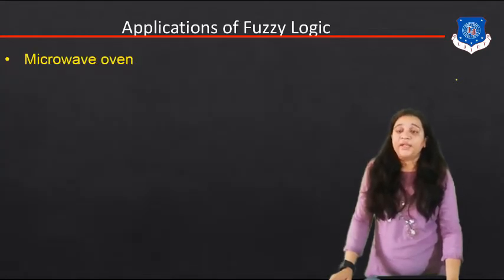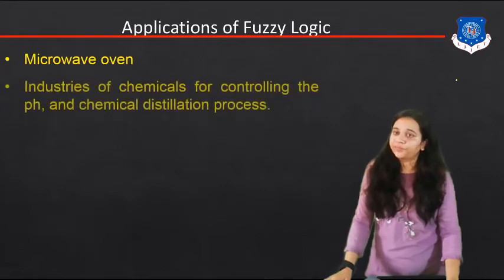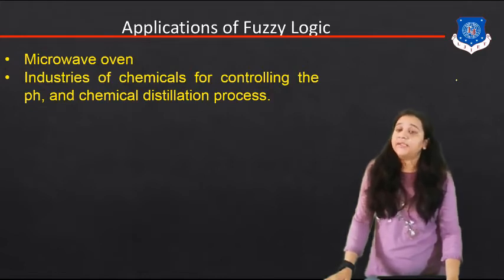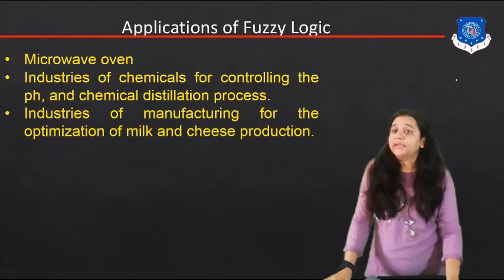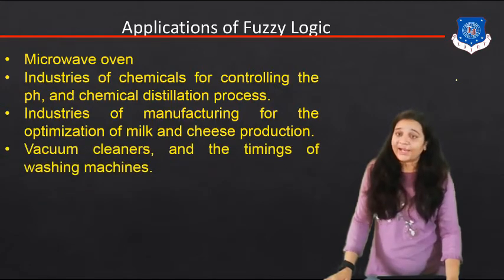Next one is the different applications where fuzzy logic is used. So we can use it in the microwave oven to set the temperature. We can use it in the chemical industry for controlling the pH and the chemical distillation process. Then in the manufacturing industry for the optimization of milk and cheese production, vacuum cleaners, and the timing of the washing machine.